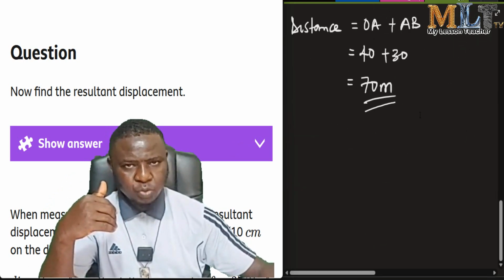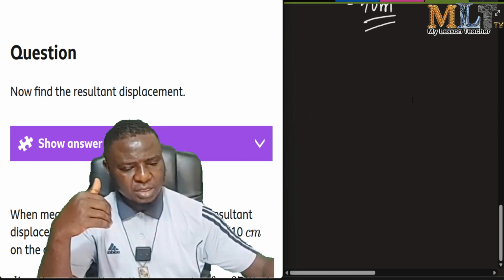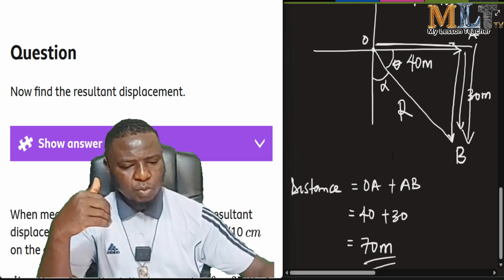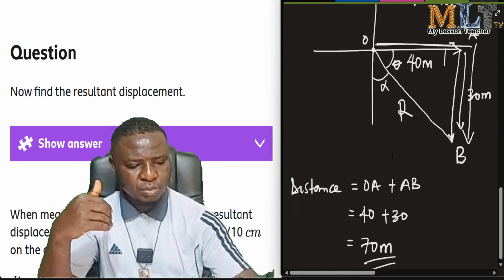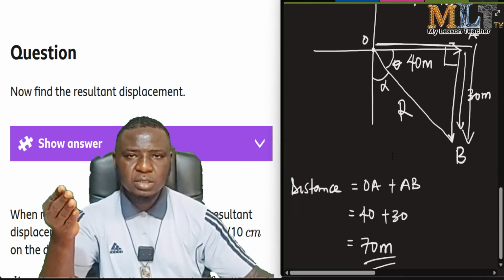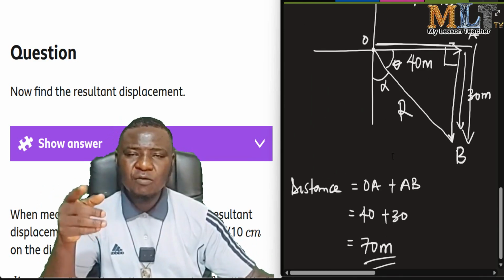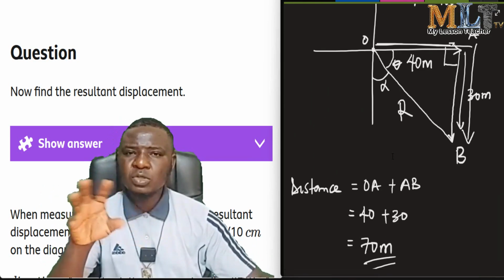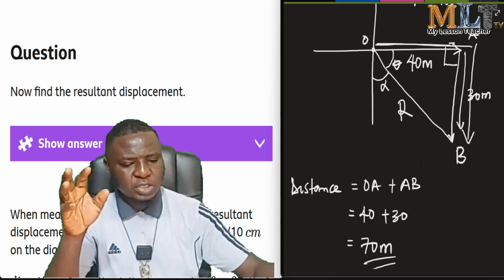And how do we get that? We have it that this is a triangle. Remember the Pythagoras theorem. Pythagoras theorem states that the square of the hypotenuse side of a right angle triangle is equal to the sum of the squares of the other two sides.